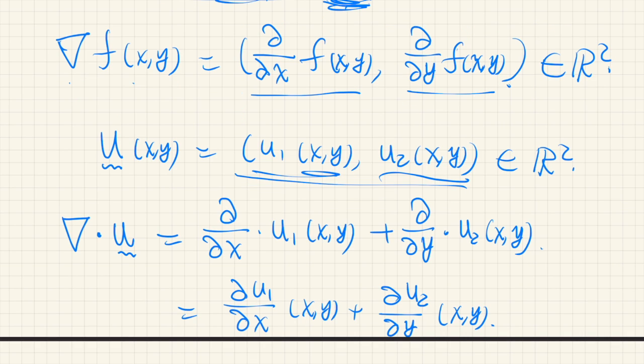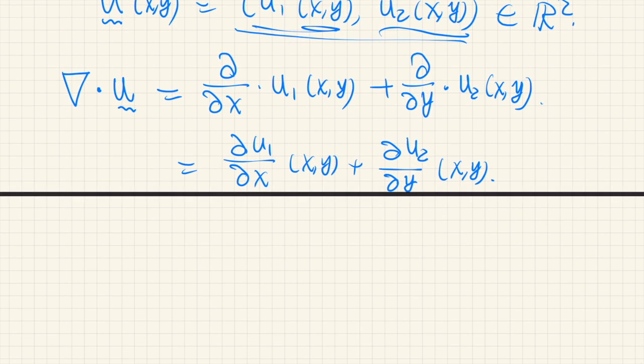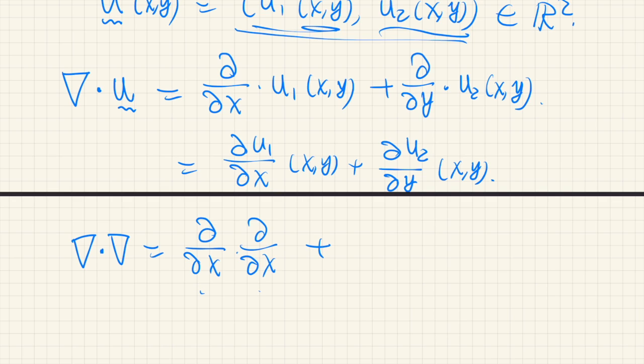We can also take the dot product between Nabla with itself. So in this case, this becomes, of course, d squared over dx squared plus d squared over dy squared.